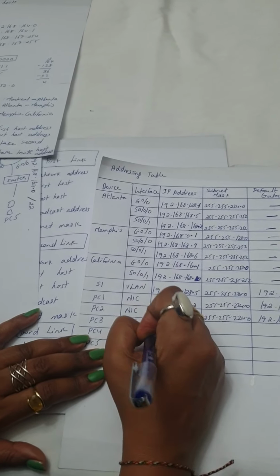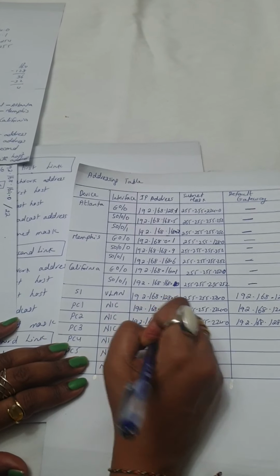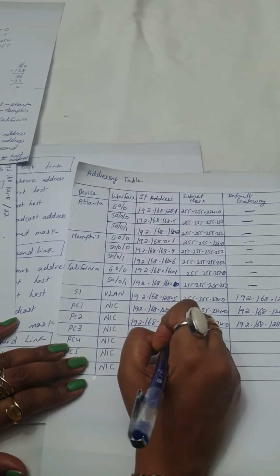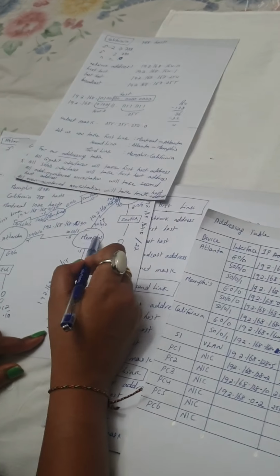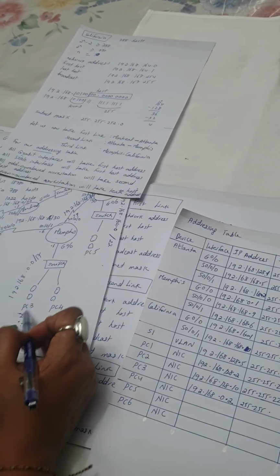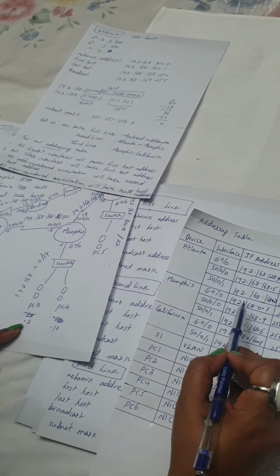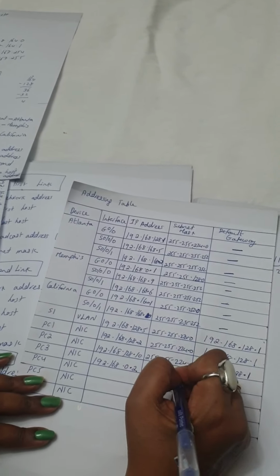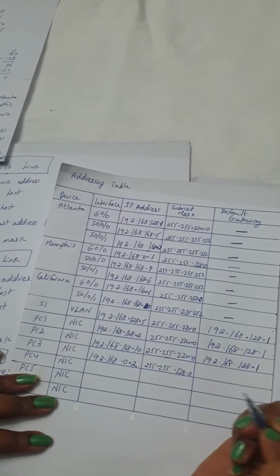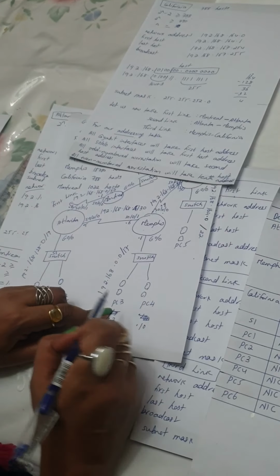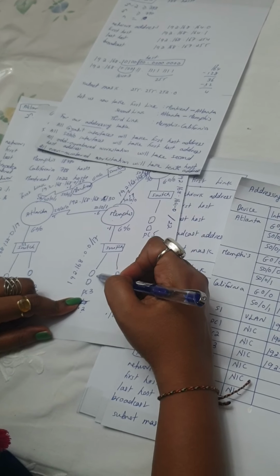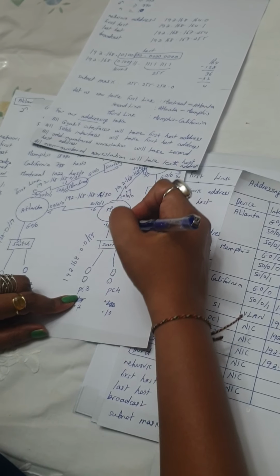So PC3 is 192.168.0.2. PC3 is in the same network as the LAN of Memphis. So Memphis has got 255.255.128.0. Now the gateway for PC3, it has to see where the router is.